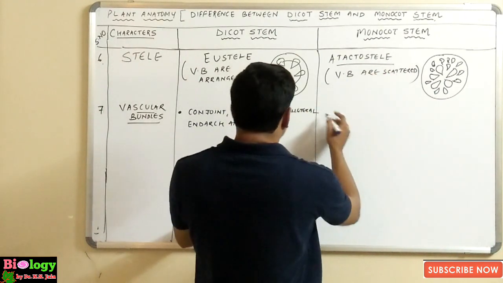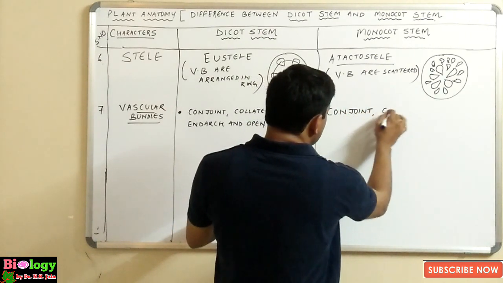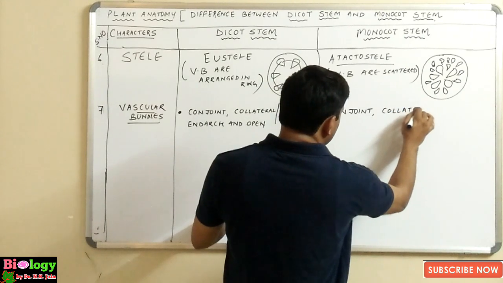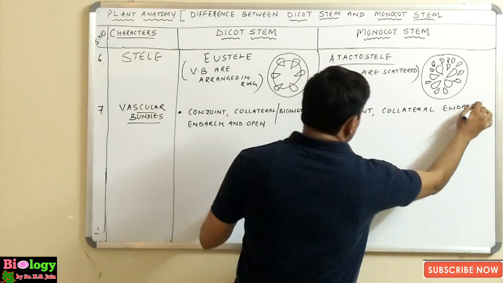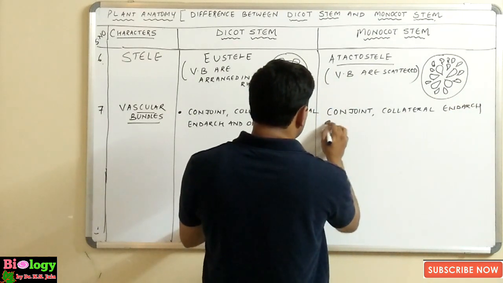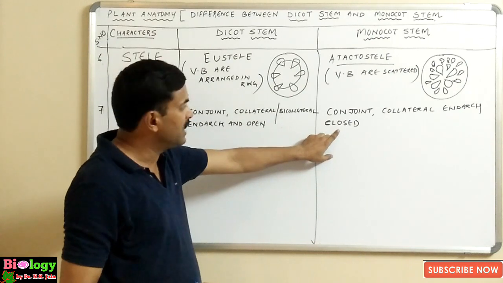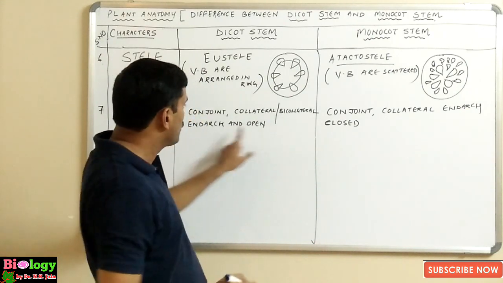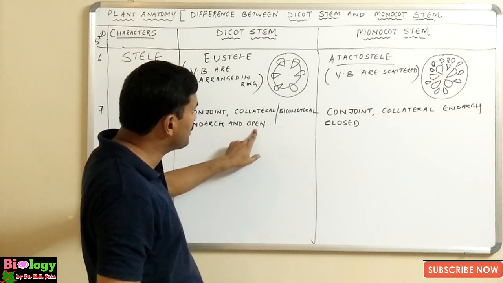While here in the case of the monocot stem, the vascular bundles are conjoint, collateral, endarch and closed. Why closed? Because here the cambium is absent, while in the dicot the vascular bundles are open. Why? Because the cambium is present.